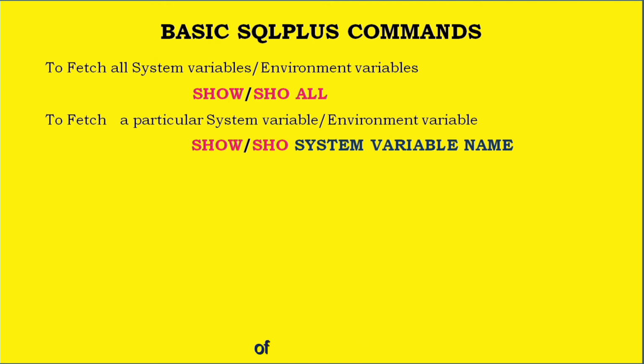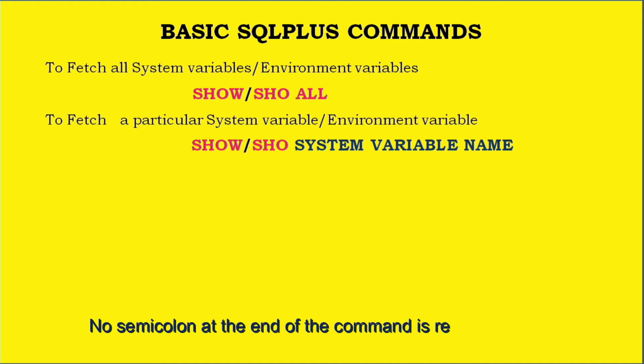The red part of the command should be typed as it is and the dark blue part is your input. In all my tutorials, the same color scheme is maintained. Red text are Oracle keywords that should be typed as they are displayed here, and the blue ones are your input. For SQL Plus commands, no semicolon at the end of the command is required, unlike SQL and PLSQL commands.